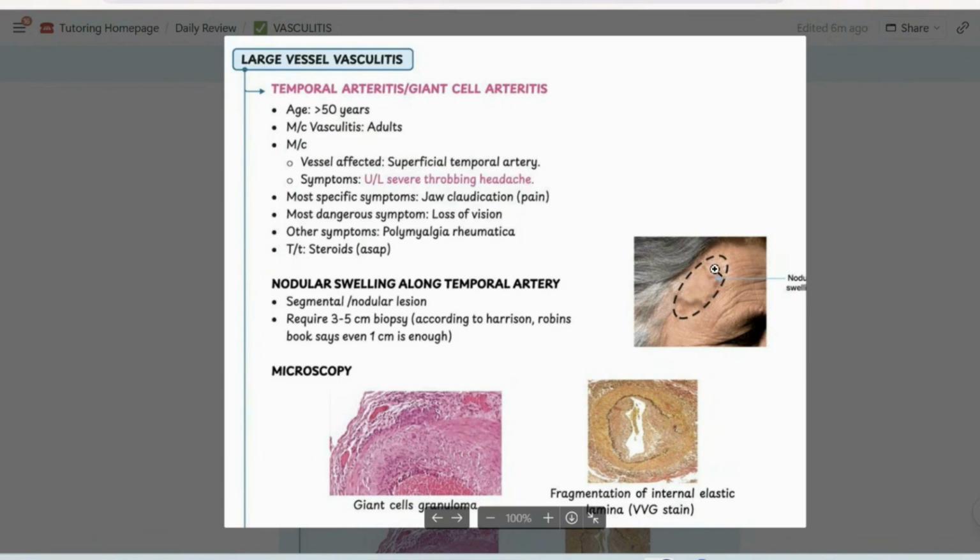And sometimes the biopsy may miss those nodules altogether, right? So we have to make sure that even if the biopsy is coming back negative, first of all, you have to take multiple specimens along that path, right? And if a couple of those biopsies are negative, we are not going to rule it out. We just know that we have a segmental lesion along that artery, okay?